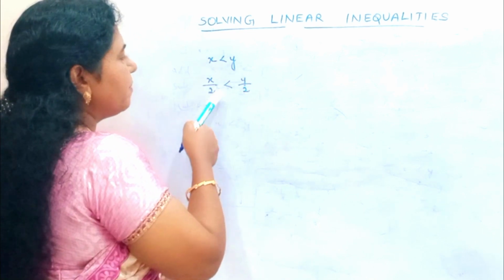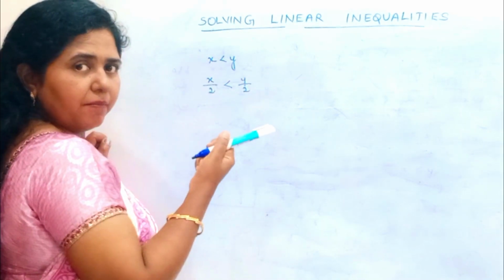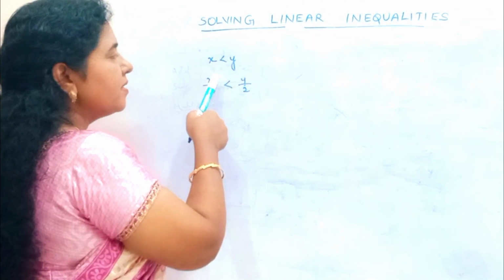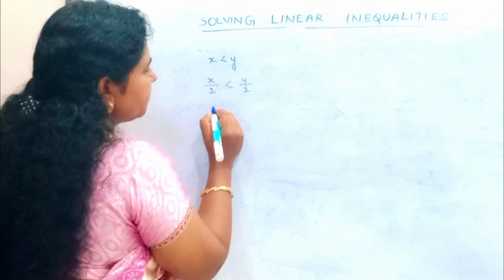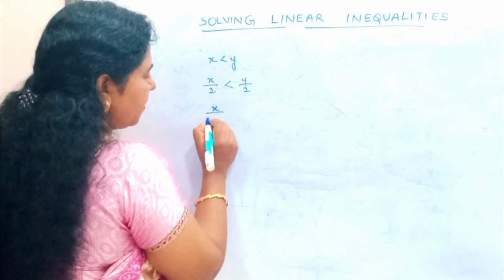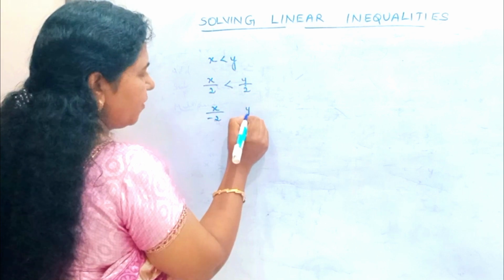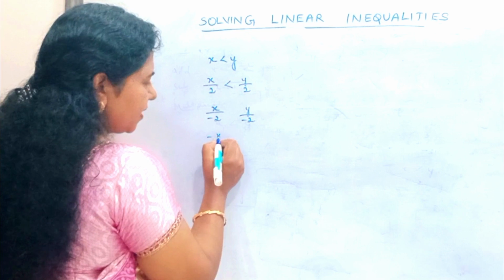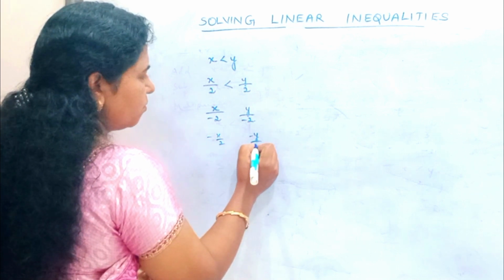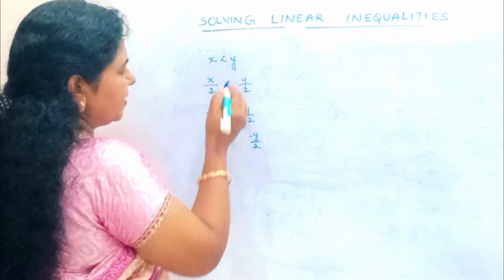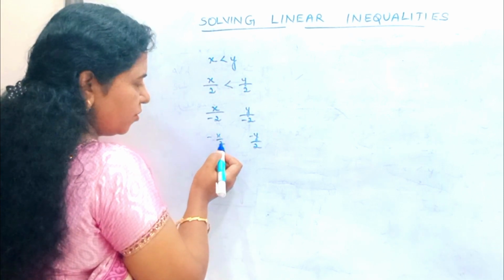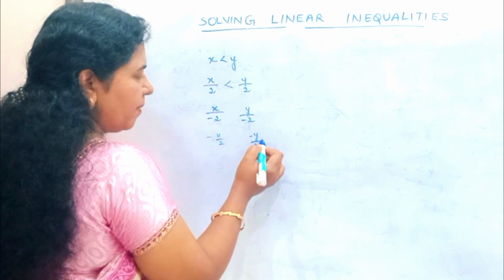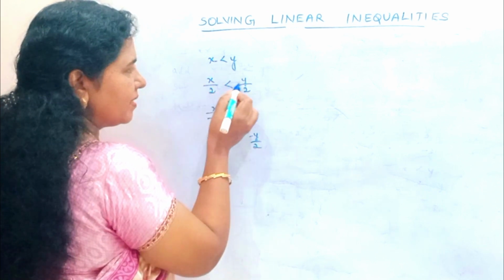But if I am going to divide by a negative number, again it will be similar to our multiplication. That is, the sign of inequality will get changed. If I divide x by minus 2 and y by minus 2, it becomes minus x by 2 and minus y by 2. X is less than y, so x by 2 is less than y by 2.